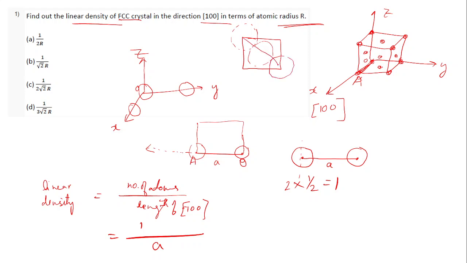So along the face diagonal, these 3 atoms are touching each other. Then there is another one here, another one here. These 3 are also touching each other.